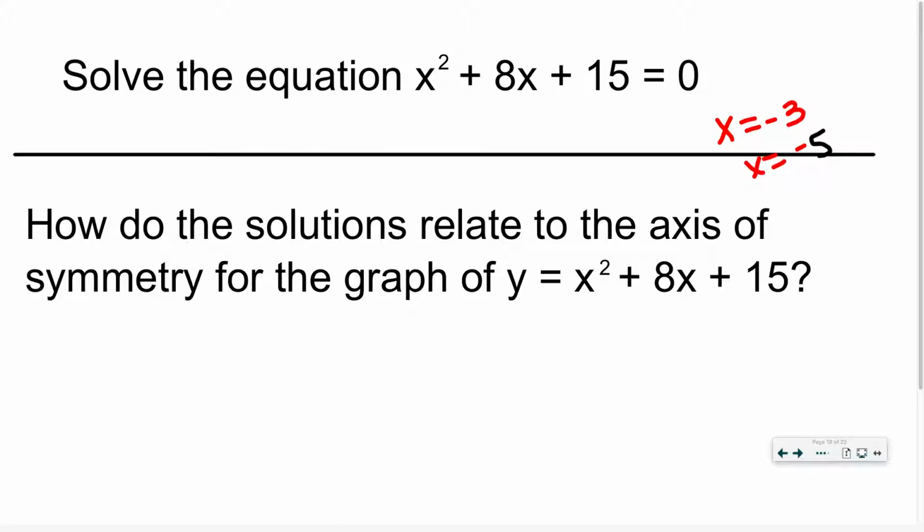Say again. Negative b over 2a. What would that be for this equation?